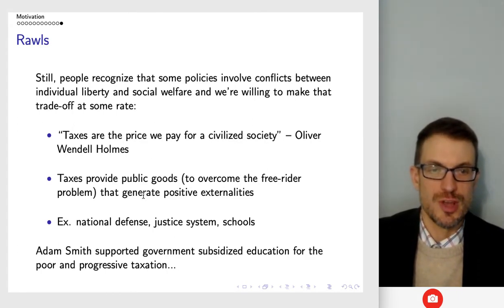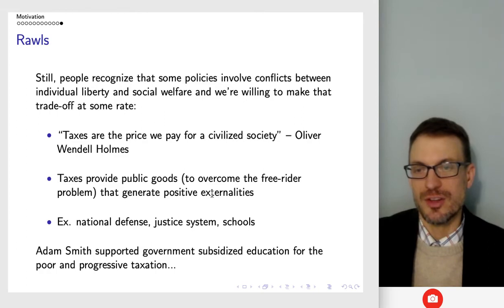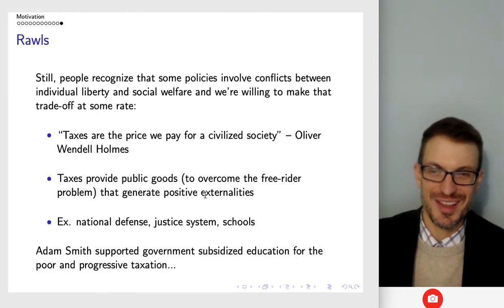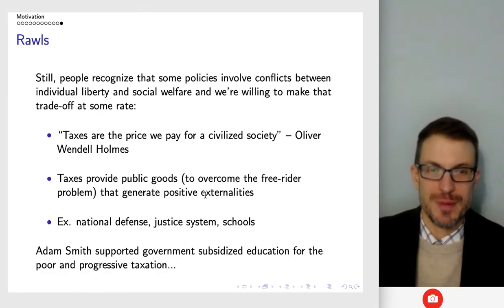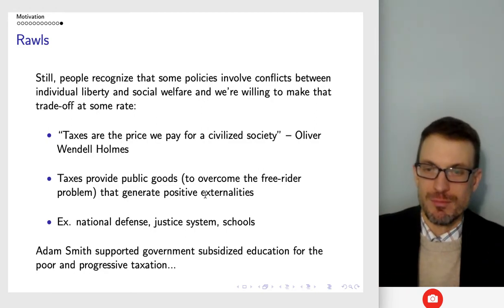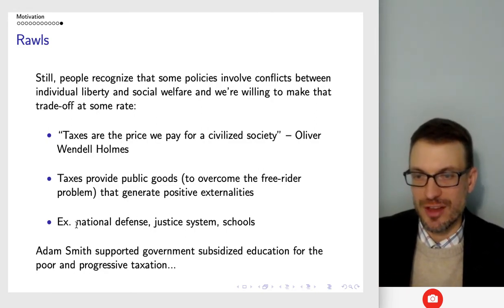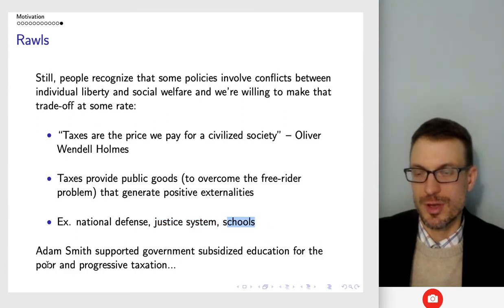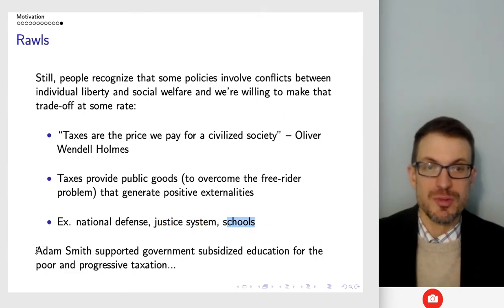The free rider problem is a negative externality, but the public good as a whole has positive spillovers, and the government provides for these through taxes, such as national defense, the justice system, and schools. And economic theory supports this as well, right?